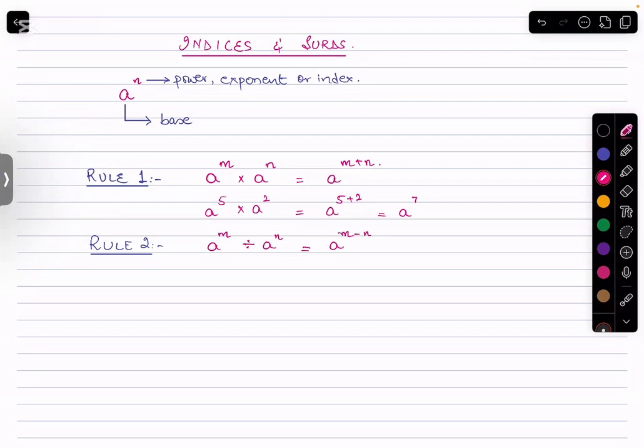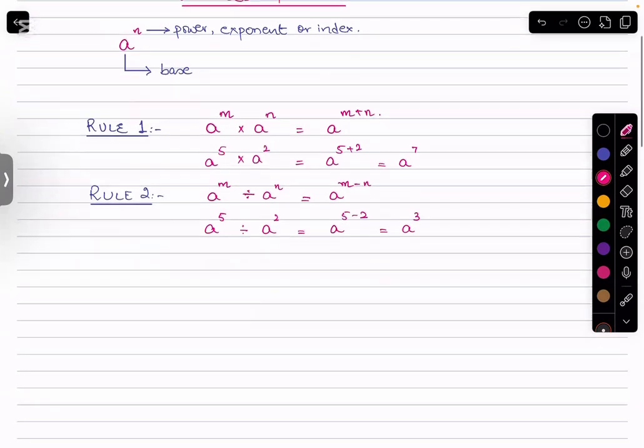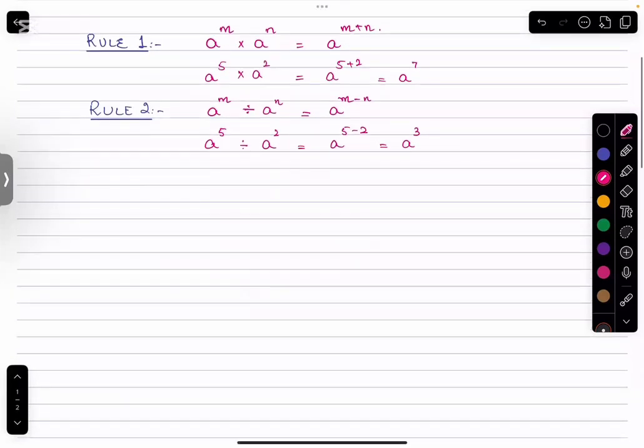If the example were a to the power 5 divided by a to the power 2, I would say this is a to the power 5 minus 2, which is a to the power cubed. Correct? Now I'm coming to rule 3.